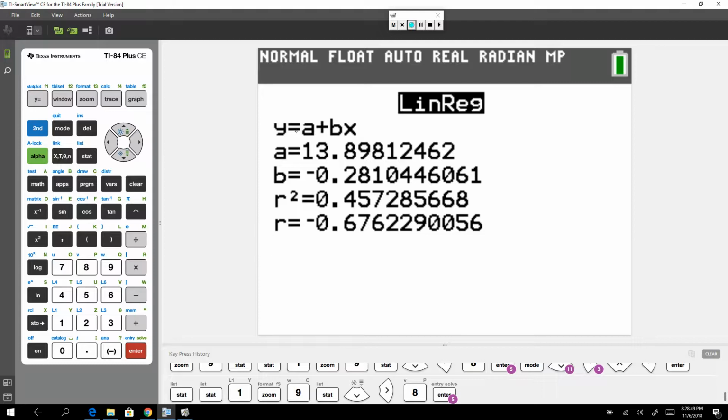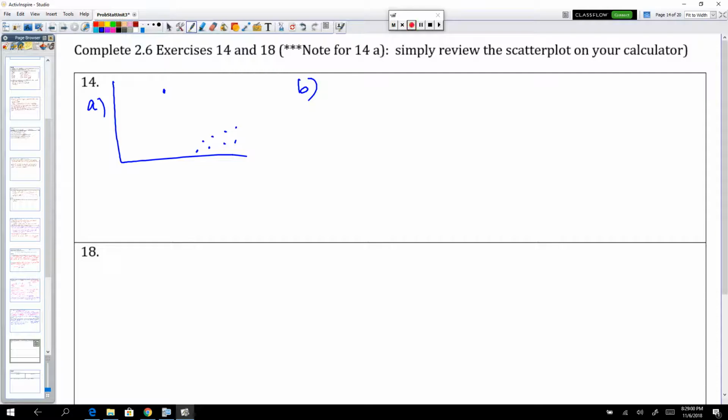But what we need to see here is this equation being filled in with this 13.9 for the A, and this negative 0.28 for the B. And we'll capture that as an answer to our question as follows. Y hat equals 13.9 minus 0.281x.